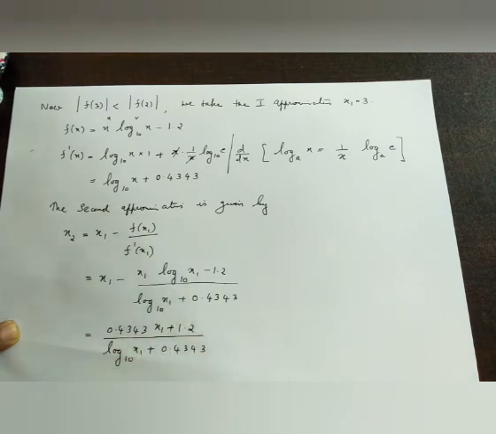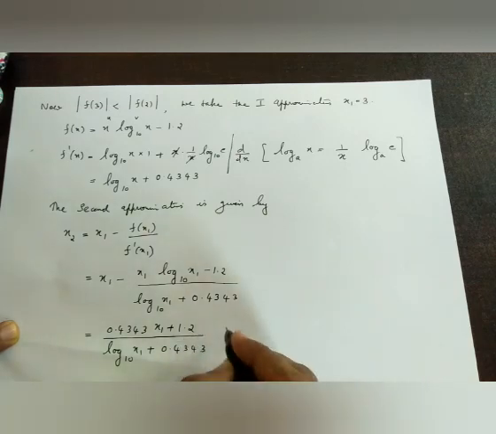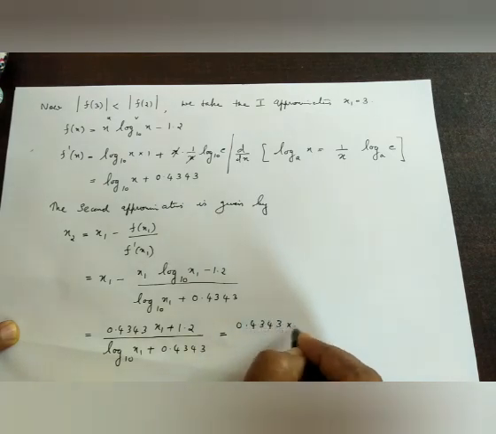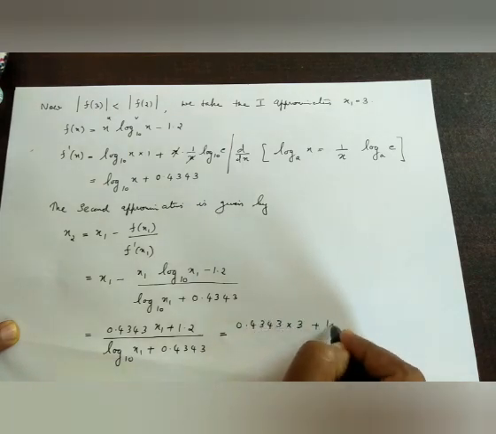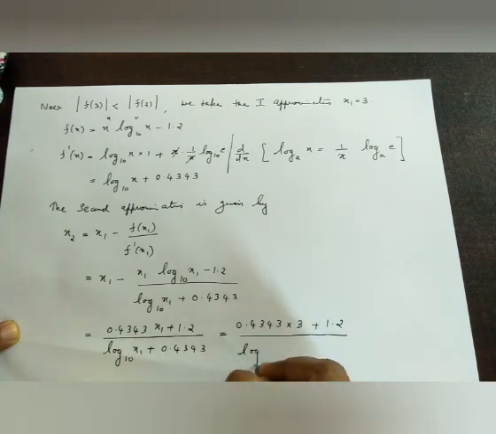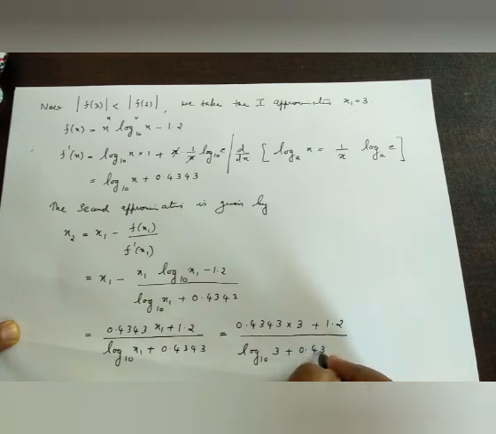Now we can substitute the value of x1, the first approximation, which is 3. Therefore we have 0.4343 into 3 plus 1.2 divided by logarithm of 3 to the base 10 plus 0.4343.